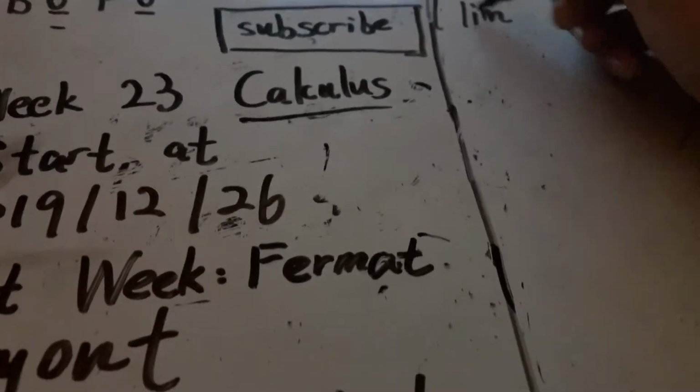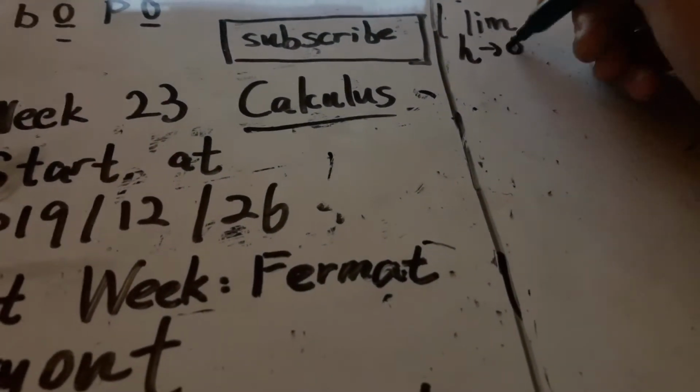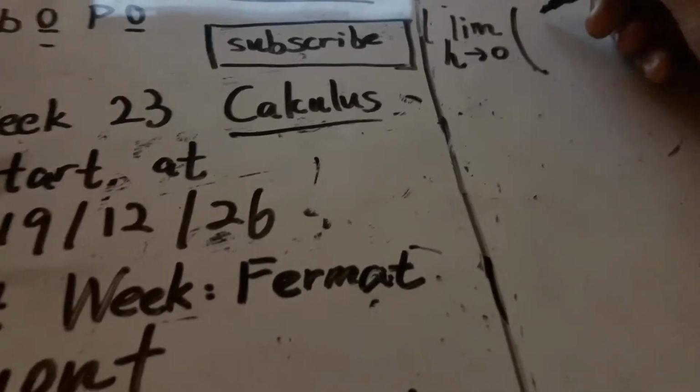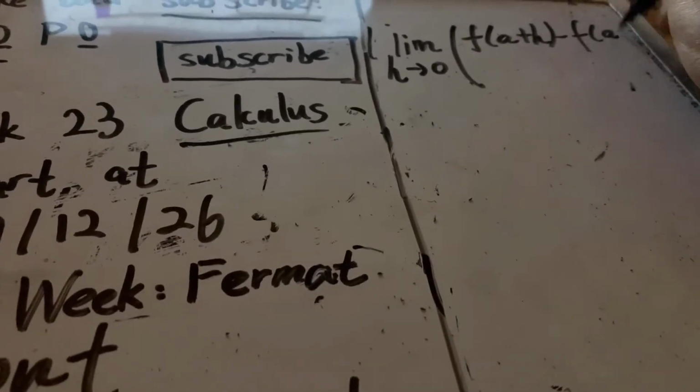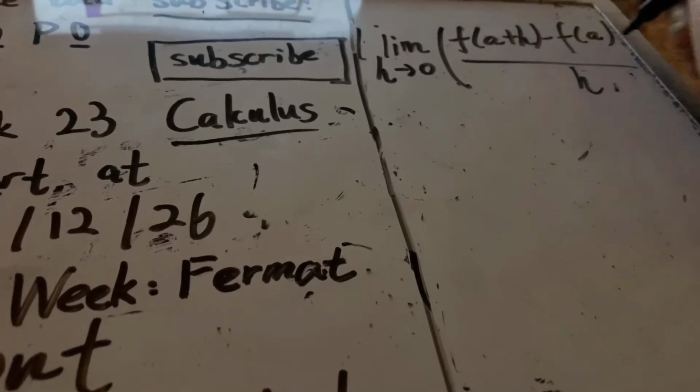So the derivative is just f(a plus h) minus f(a), divided by h. This is the derivative.